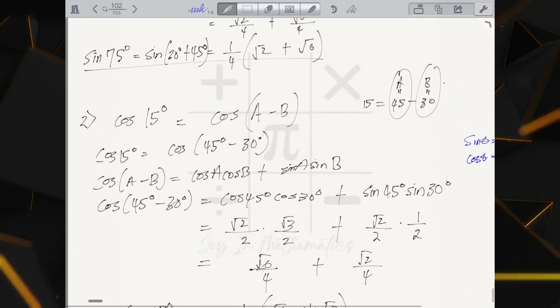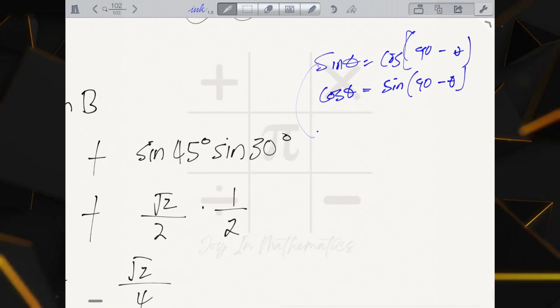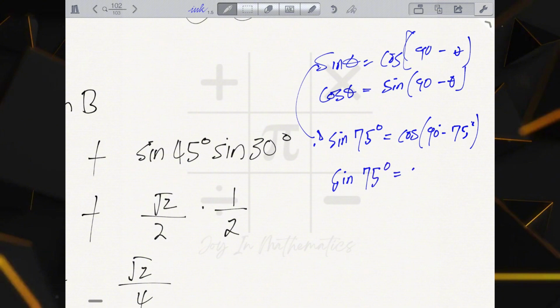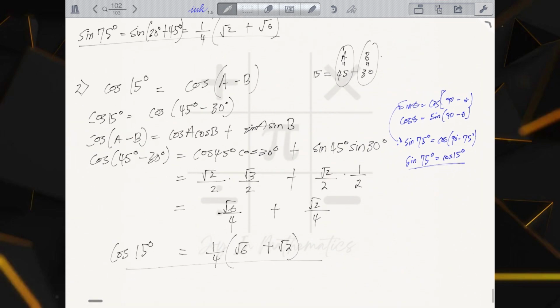So we are saying that sine 75 degrees will be equal to cos(90 minus 75 degrees), and this is equivalent to cos 15 degrees. Now we can see how the trigonometric identities that we have been evaluating have been syncing with each other.